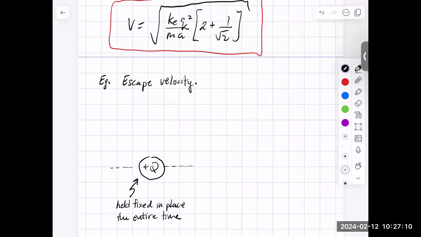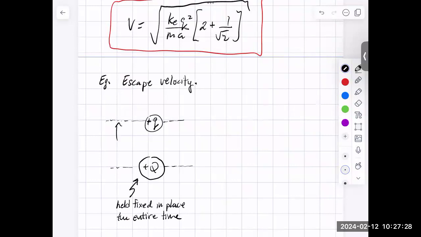Throughout this entire problem, this charge, capital Q, is not going anywhere. Then we're going to have a second charge. We'll place another charge over here. This will be little q.